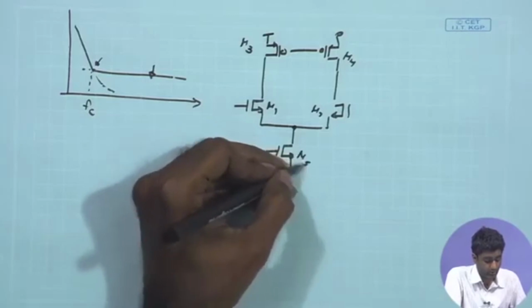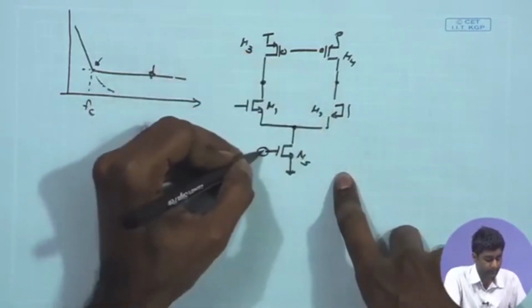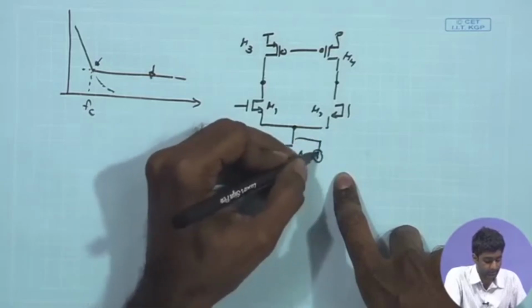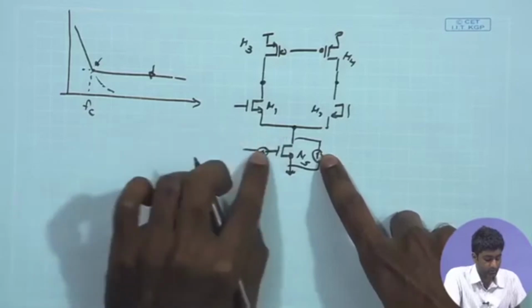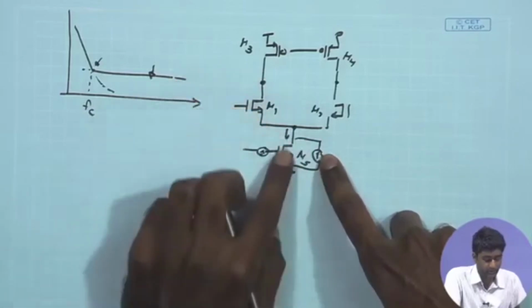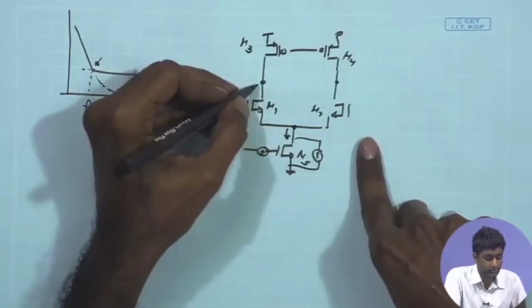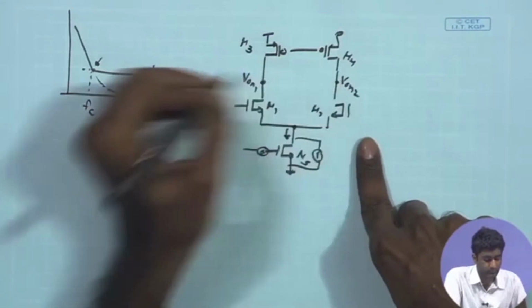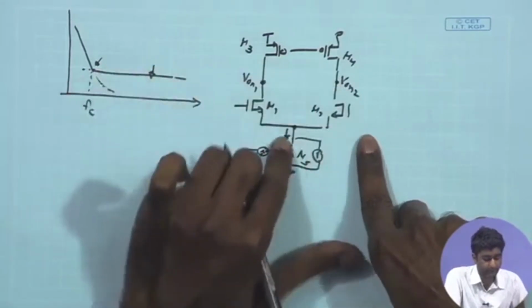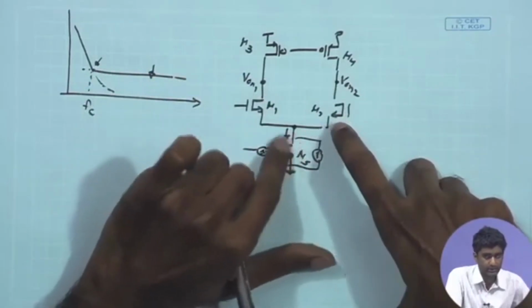For the common mode also, if you look at the two paths, you have some equivalent noise voltage and current because of this transistor, and this is going to result in an overall equivalent noise current flowing through the drain of this M5 for the common mode. Therefore, this is the same source which is contributing to the VON1 and VON2. So, if I consider effect of only M5, its effect appears like a common mode because it is a single source.